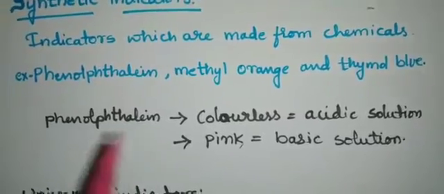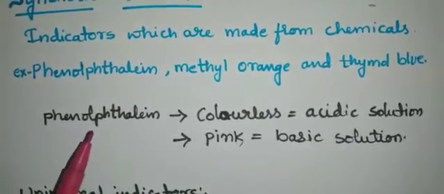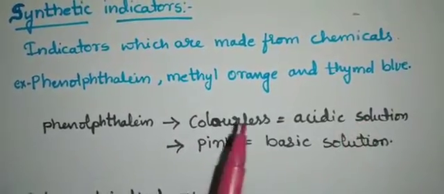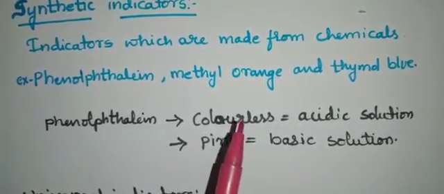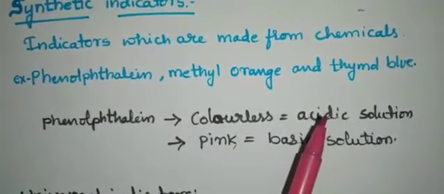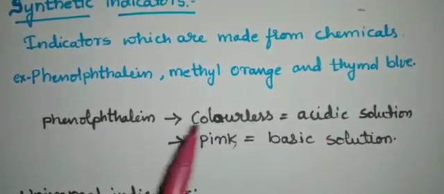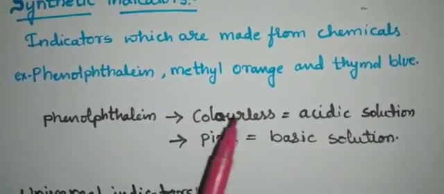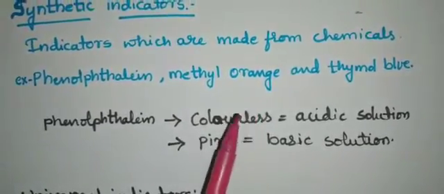One more important thing: phenolphthalein is colorless in acidic solution. When you put a small amount of phenolphthalein into acidic solution, it gives a colorless solution. It does not change any color; colorless means it remains the same.